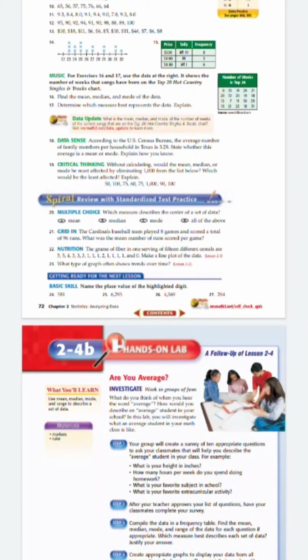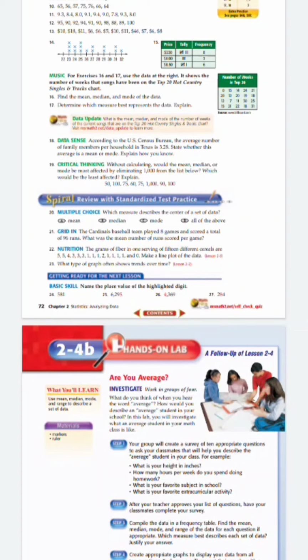20. Multiple choice. Which should describe the center of a set of data? A. Mean. B. Median. C. Mode. D. All of the above. 21. The Cardinals baseball team played 8 games and scored a total of 96 runs.